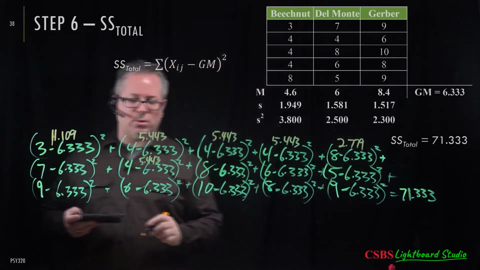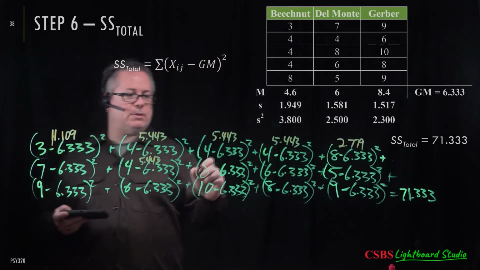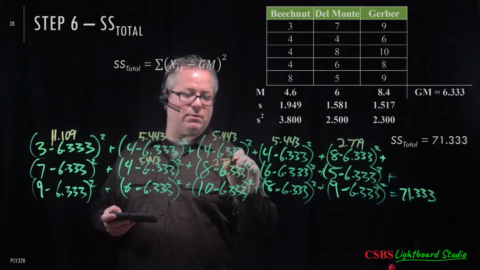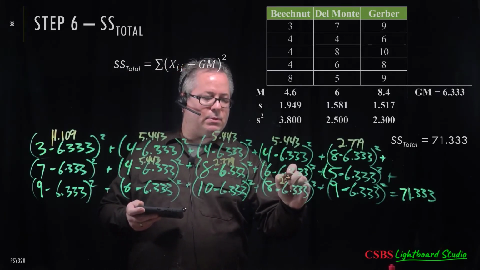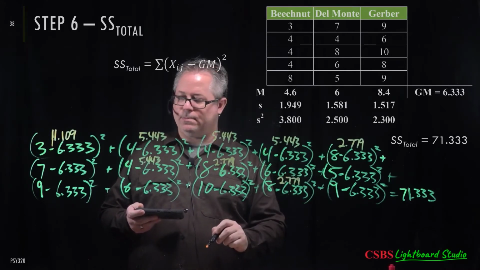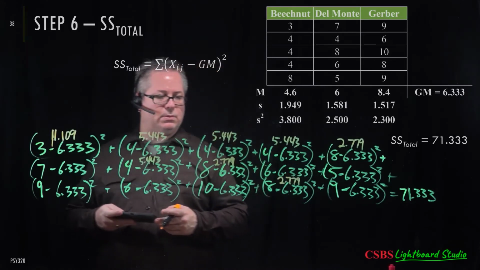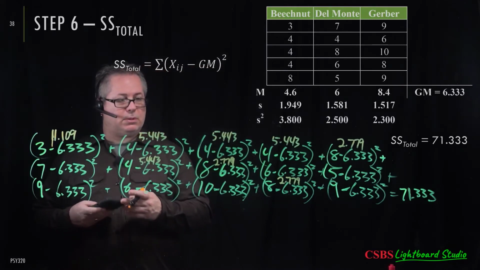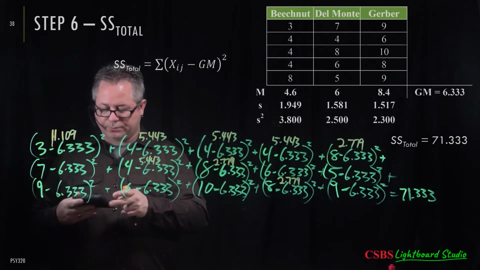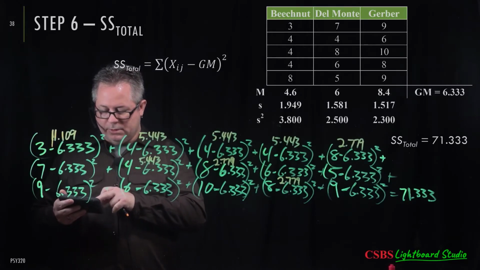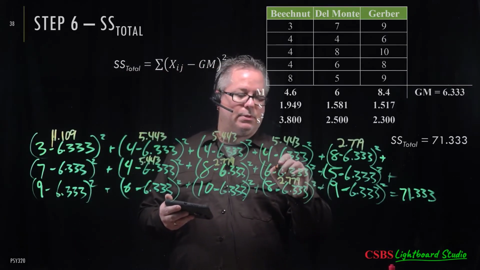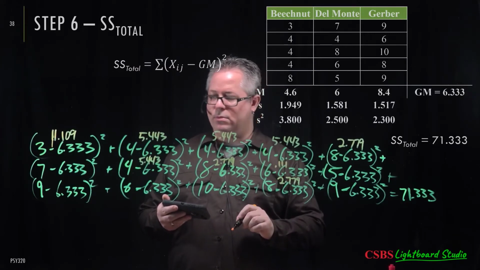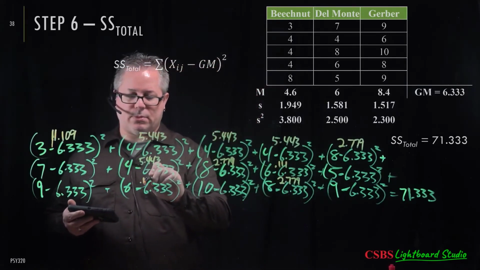2.779. The other 8s, here's 2.779, 2.779. All right, let's do 6. 6 minus 6.333 is negative 0.333 squared, 0.111. So this is 0.111, this is 0.111.